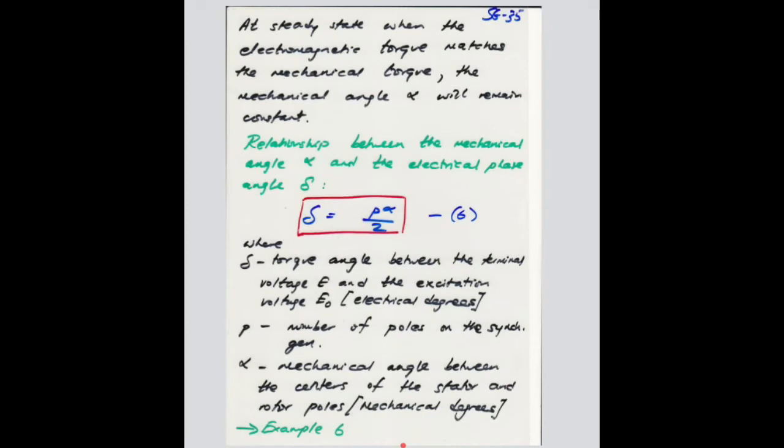Now, if you go to the next slide, as I said, equation 6 here shows you how you can convert the mechanical degrees into electrical degrees, which is the angle that you require for your phasor diagram, right? So the torque angle is given by the product of the number of poles on the generator times the mechanical angle in degrees divided by 2, and you will get the electrical angle, the load angle delta.